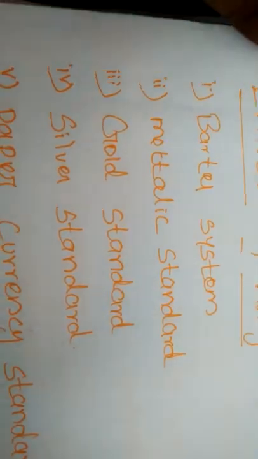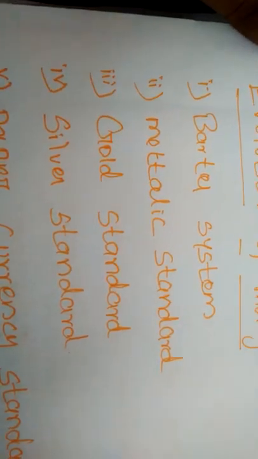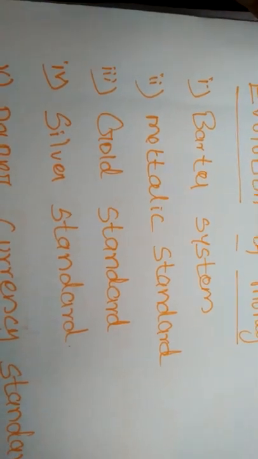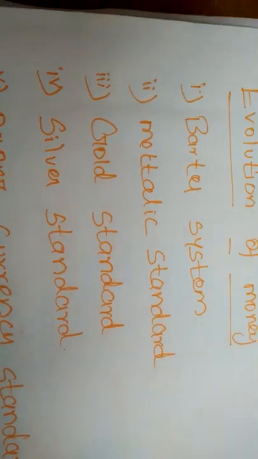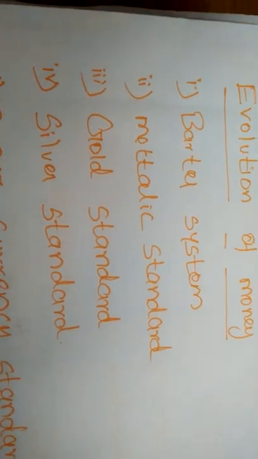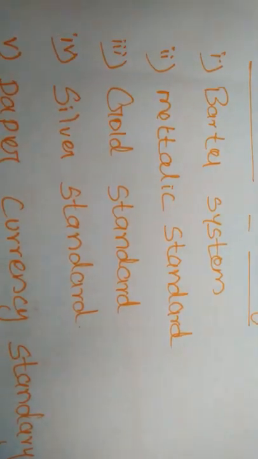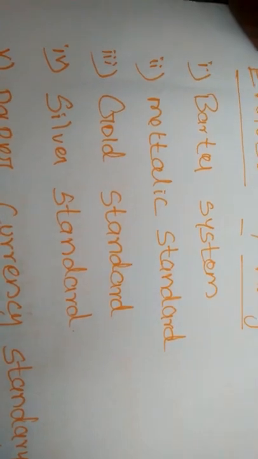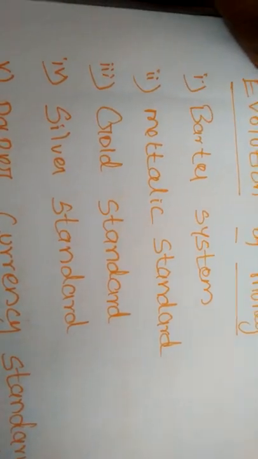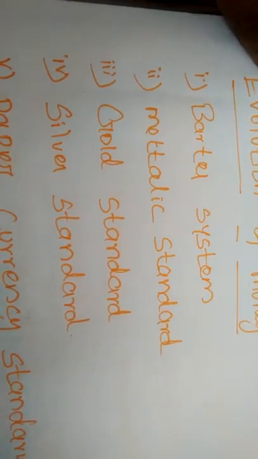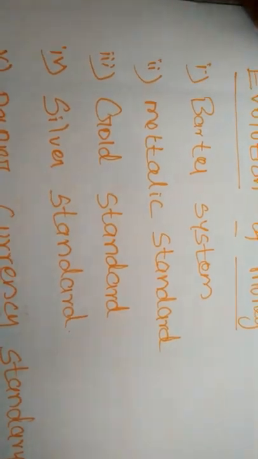Under the metallic standard, some kind of metal was used to determine the standard of value of money. The metal may be gold or silver. The standard coins made out of the metal are the principal coins used under the metallic standard.